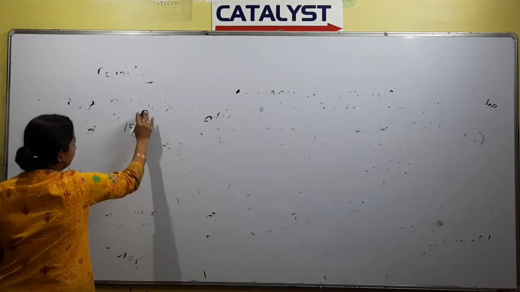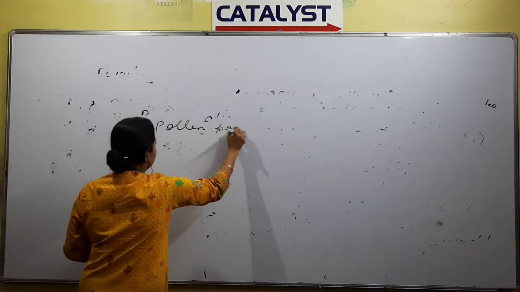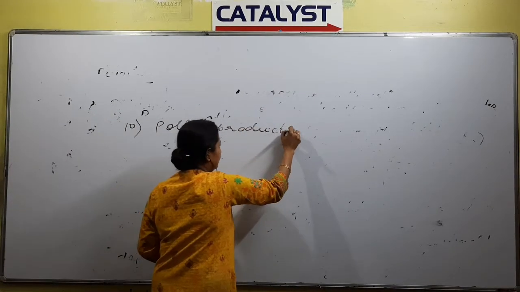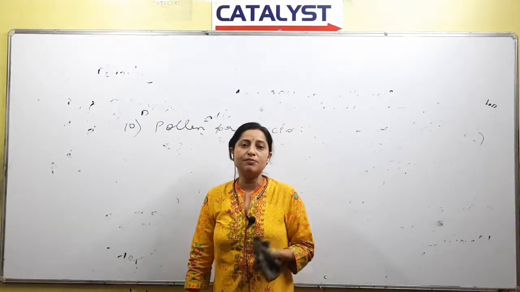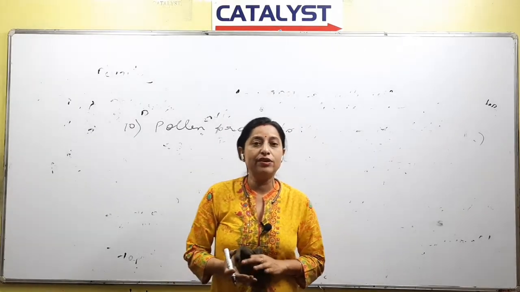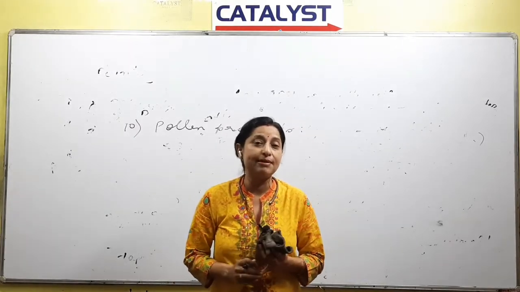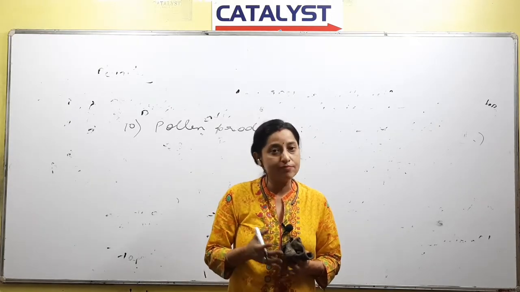Next, talking about pollen grains, we have to talk about pollen products also. Pollen products means use of pollens for various purposes. For economic purposes we use many types of pollens. Economic importance means we use certain types of pollens as a food supplement, right? We use certain types of pollens for making certain types of medicines also.